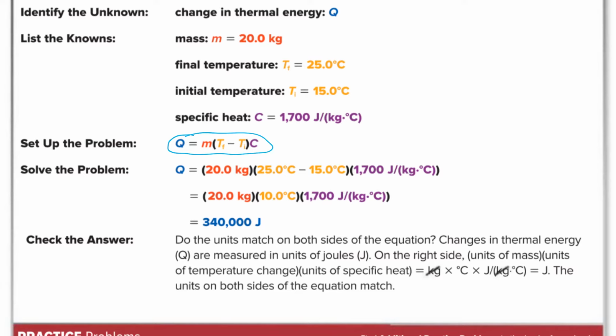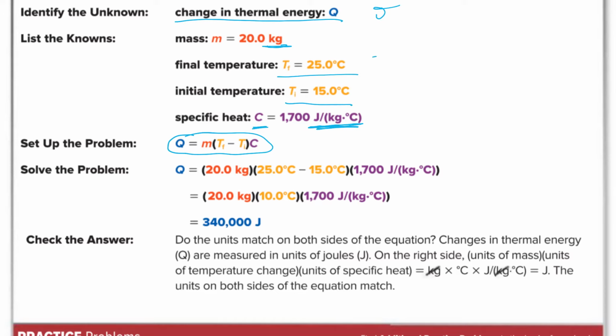Q, which is your change in thermal energy in joules, is equal to mass in kilograms times your change in temperature, which is T final minus T initial, times the specific heat, which is given as C, and that is in joules per kilogram degrees Celsius.